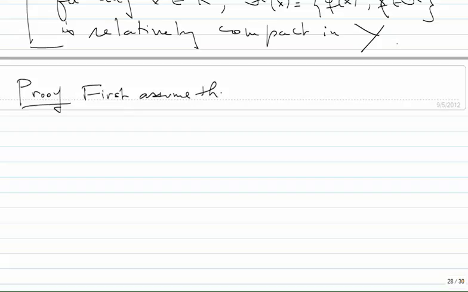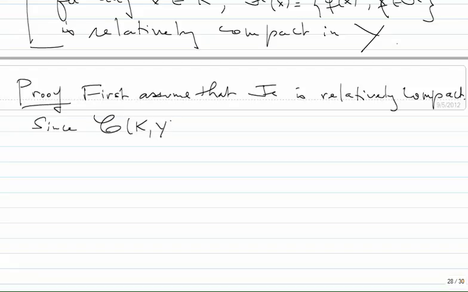So here, first, let us assume that F is relatively compact. Since, as we have seen, C(K,Y) is complete, then F is totally bounded.